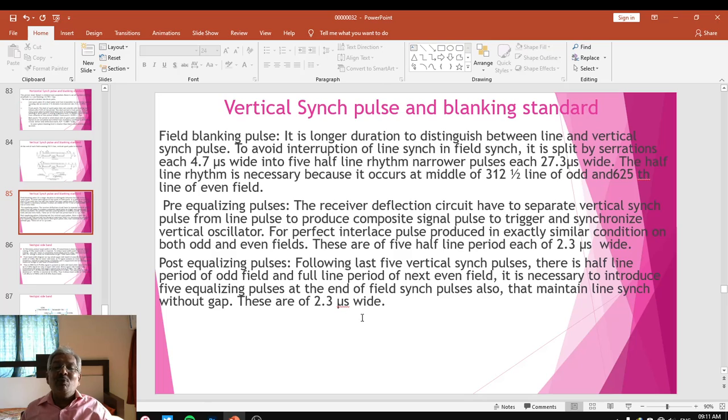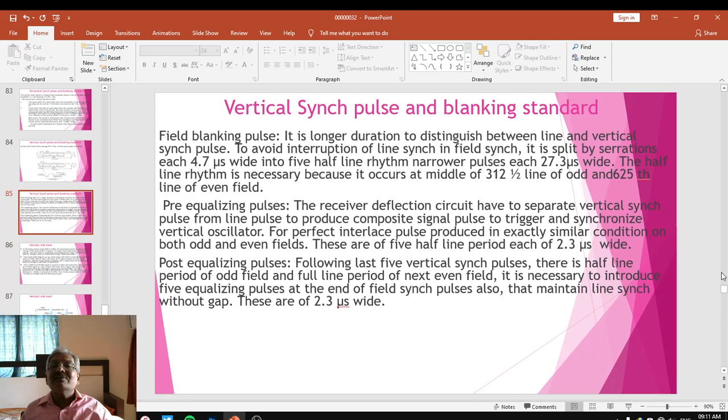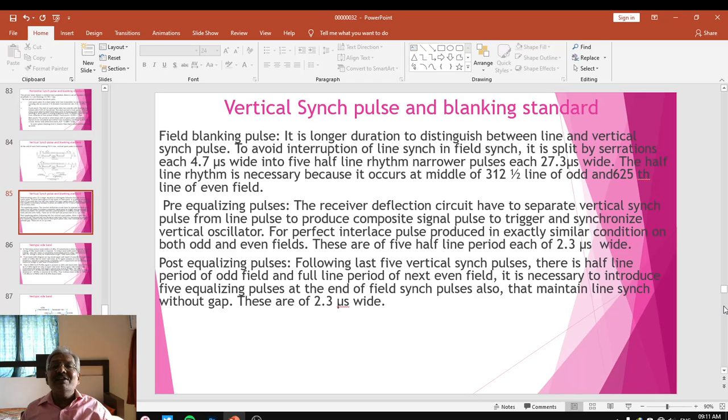These are 2.3 microseconds wide. So these pulses, which are called post-equalizing pulses, are also of half the line period with a width of 2.3 microseconds. So these are the standards associated with the vertical sync and their respective blanking pulses.